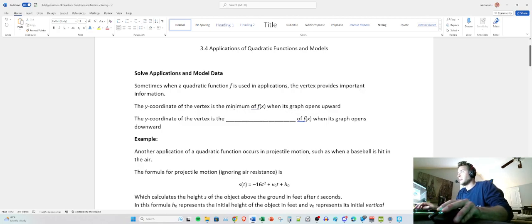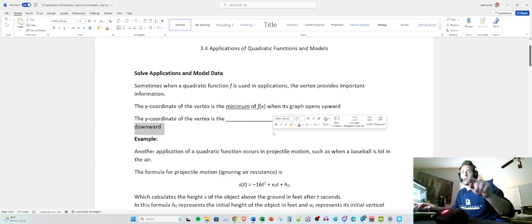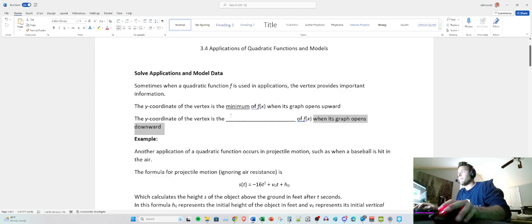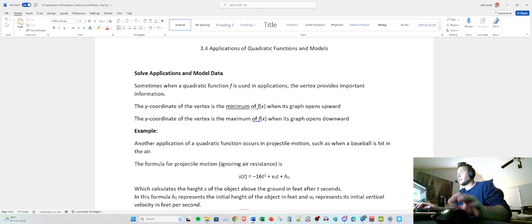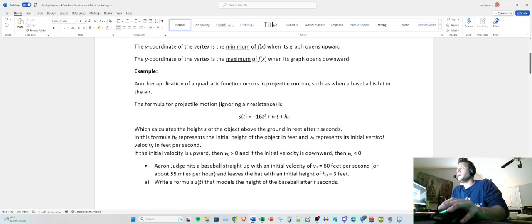When the graph opens downward, the y-coordinate is the maximum point. Depending on what you're trying to find, either one could be important when answering the question.